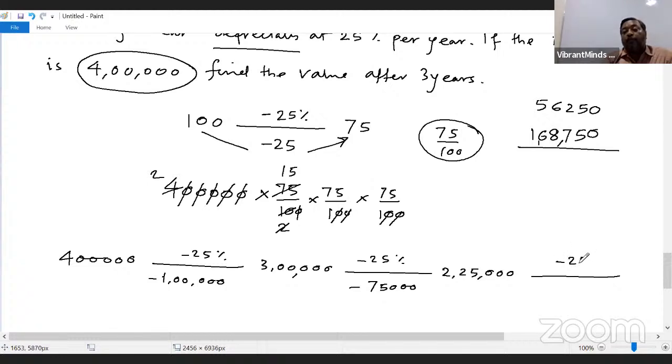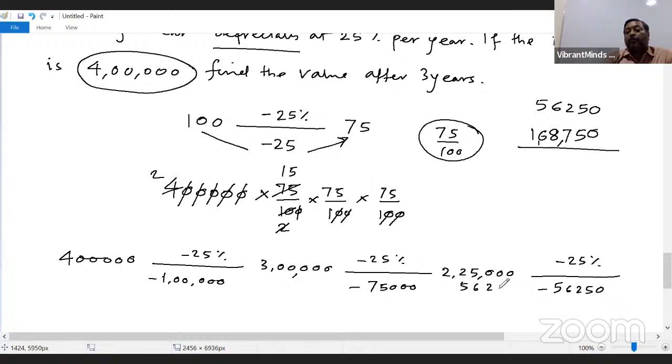Again, minus 25%. So minus 25% is how much? 10% is 22,500. 20% will be 45,000. And 5% of this will be 11,250. So 45 plus 11 is 56. Isn't it? 56,250. So 56,250 you have to subtract.